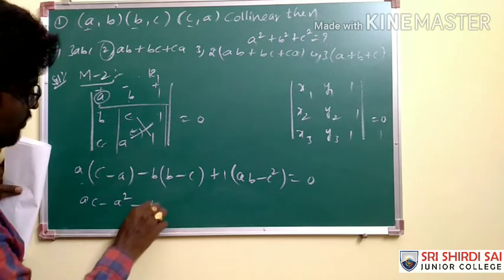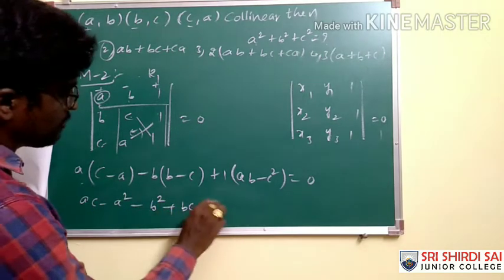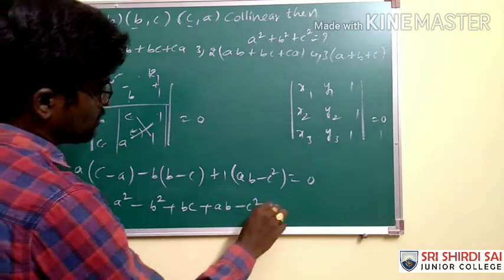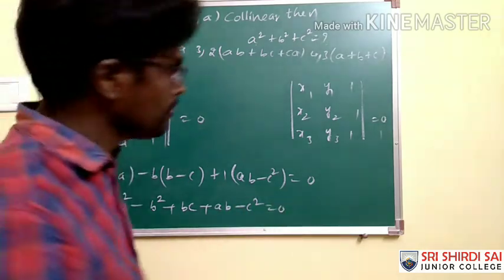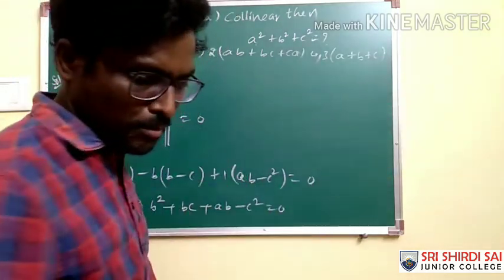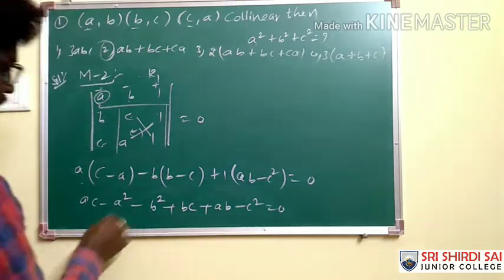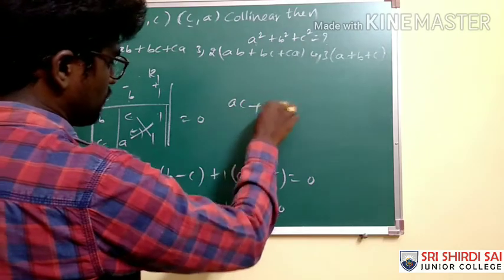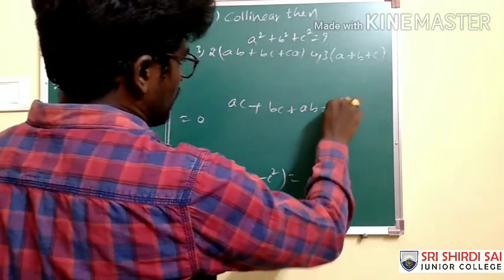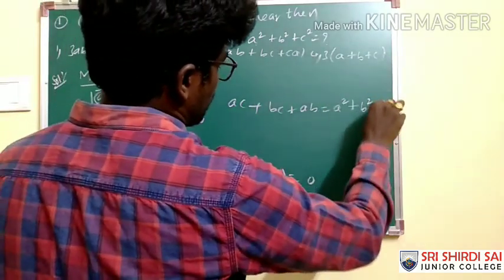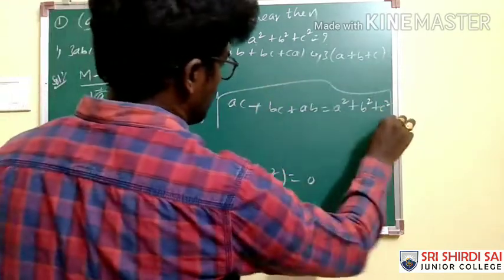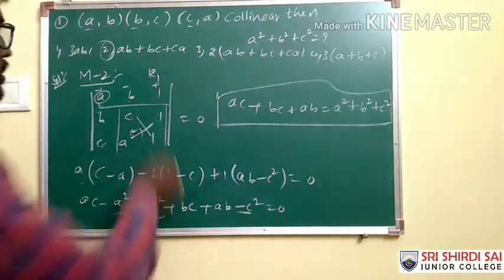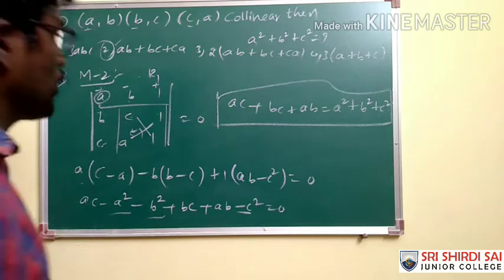AC minus A square minus B square plus BC plus AB minus C square is equal to 0. And hence, on simplifying, transposing all these three other sides, so that AC plus BC plus AB is equal to A square plus B square plus C square. See, we have got the same result again, which is equal to the second option.